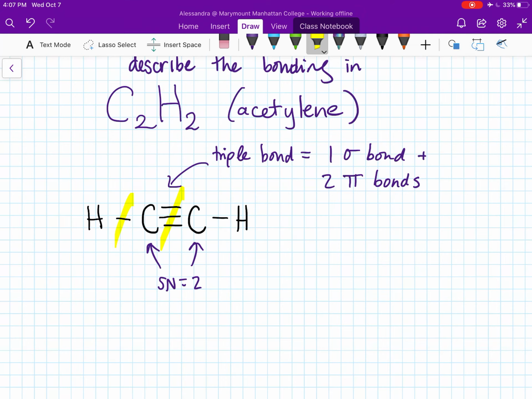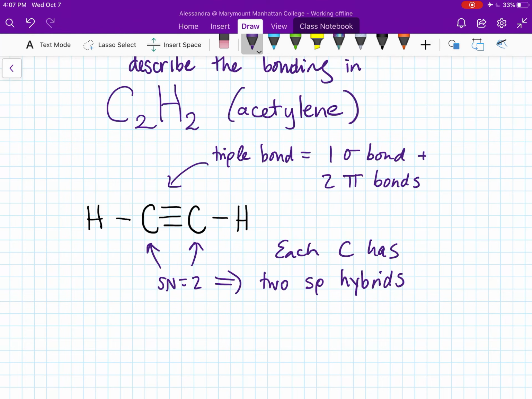That means I'm going to have 2 sp hybrid orbitals on each carbon, and 2 leftover unhybridized 2p orbitals.